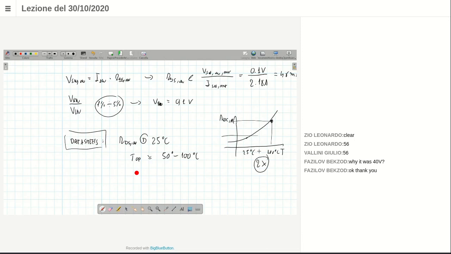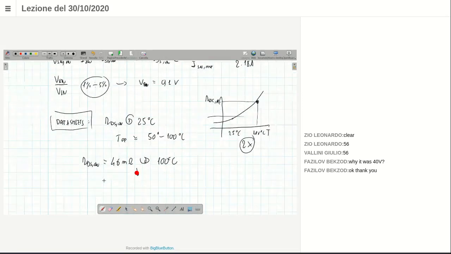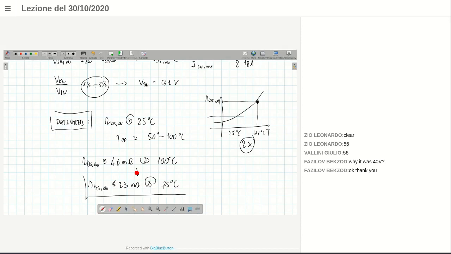As a consequence, if we take this 2x factor that can be reasonably conservative, if we want RDS on of what we got is 46 milliohm at say 100 degrees, we know that it means RDS on smaller than 23 milliohm at 25 degrees.